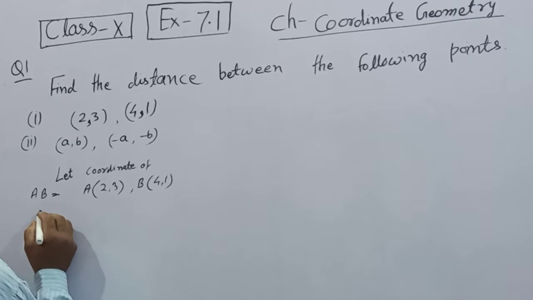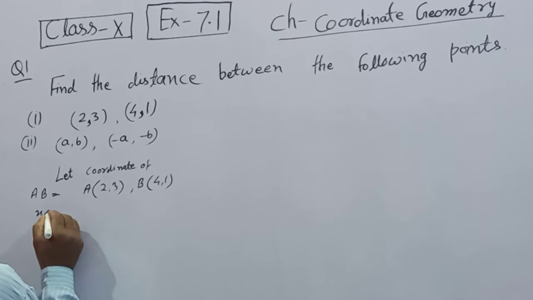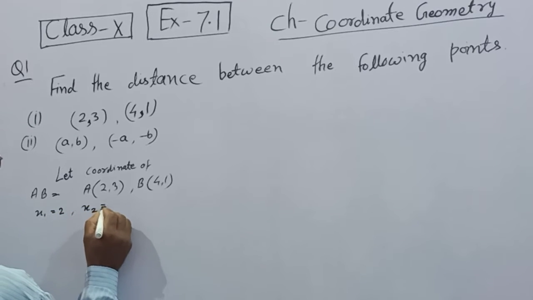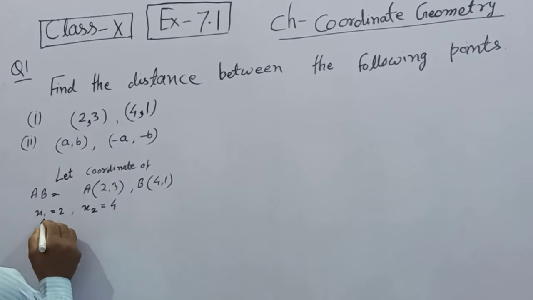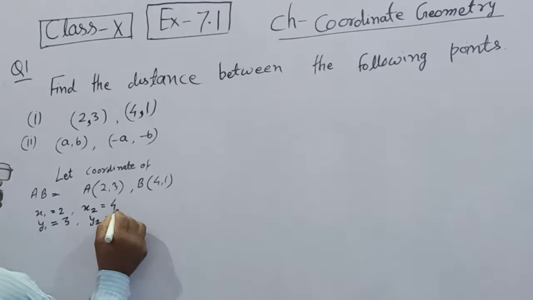Therefore in this question x1 is equal to 2, x2 is equal to 4. Here is x2, here is x1. Similarly y1 is equal to 3 and y2 is equal to 1.